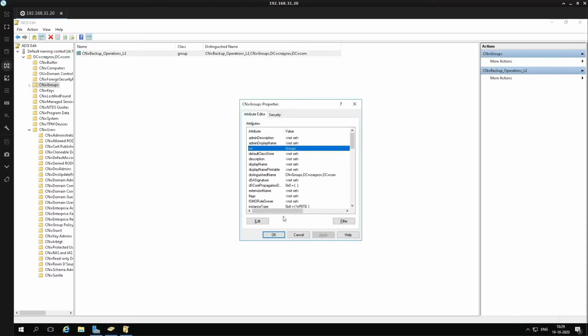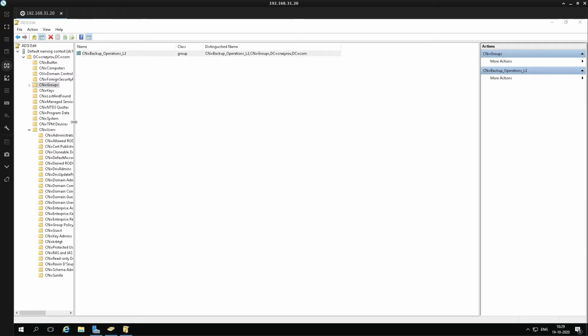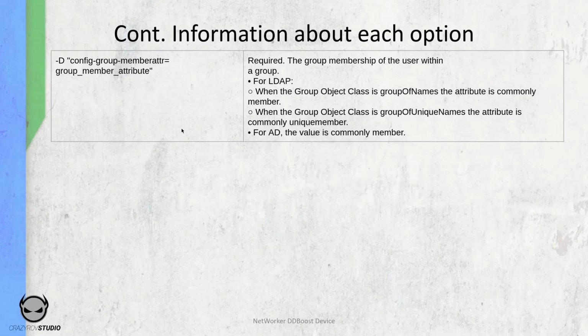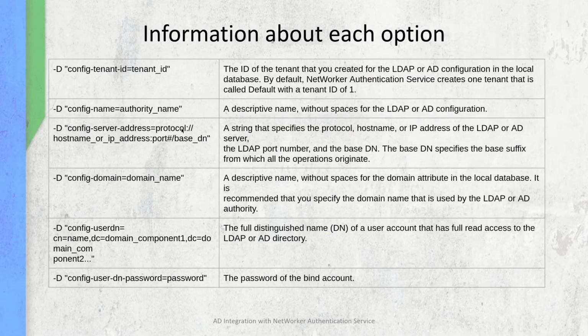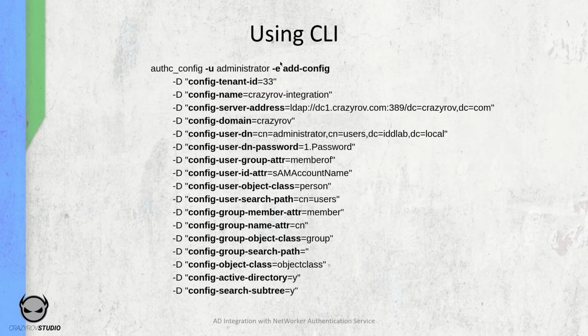So these were the different attributes, and this is how to get the details for those attributes. If I now switch back to the initial command, you can now maybe recognize the different values that we have here. So the tenant ID we have mentioned as 33. Now this can be any number that you want.